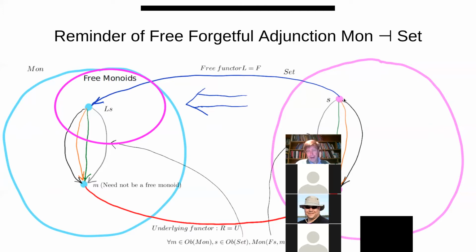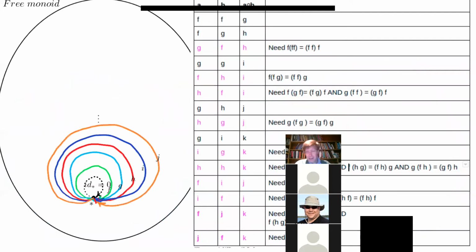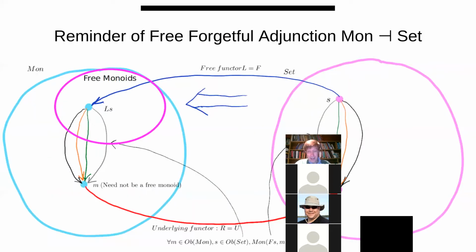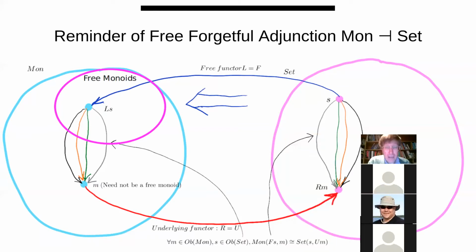Over in Set, these morphisms are what? What are morphisms in Set? They are, it begins with F. They are functions.